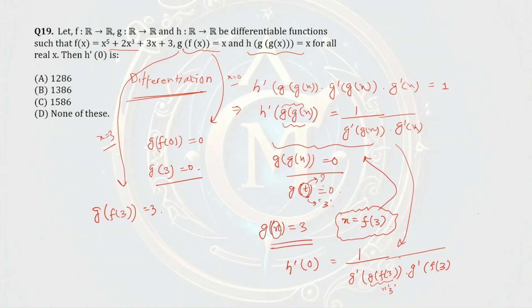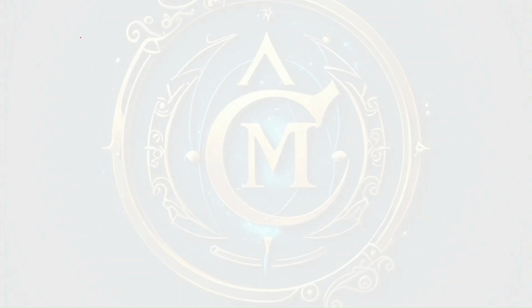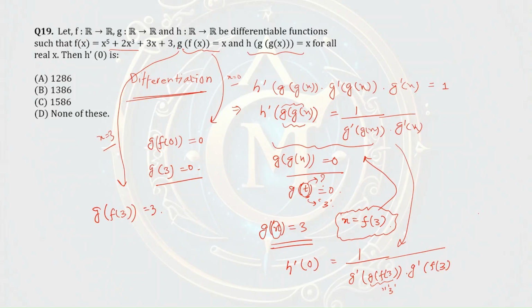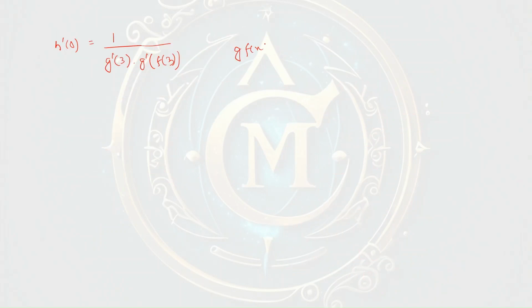So this expression becomes h dash of 0 is equal to 1 by g dash of 3 times g dash of f of 3. Now we have to find the value of g dash x. How can we find that? We have to find this using this relation. So now we have g of f(x) is equal to x. So if we differentiate both sides with respect to x, it becomes g dash of f of x is equal to 1 over f dash of x.